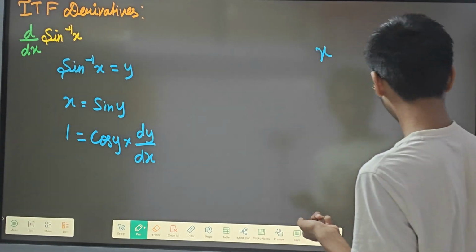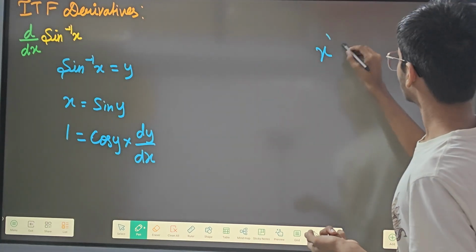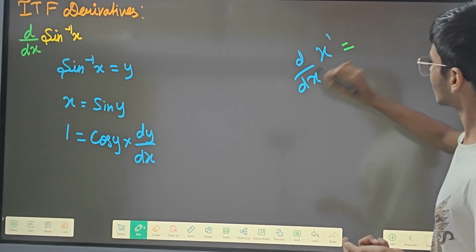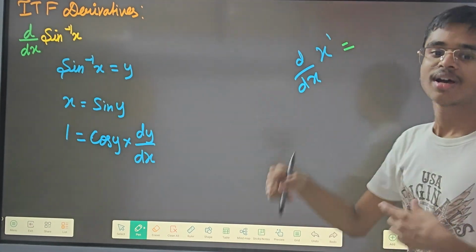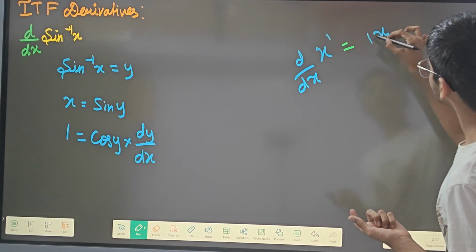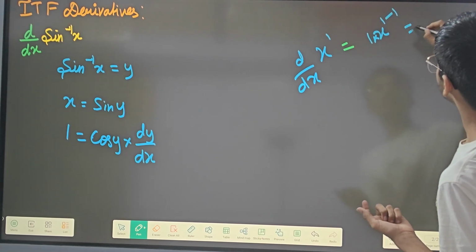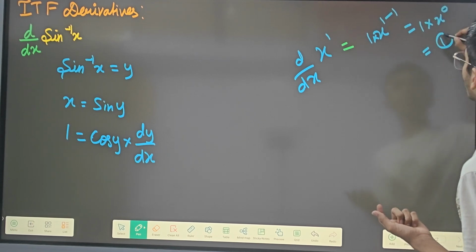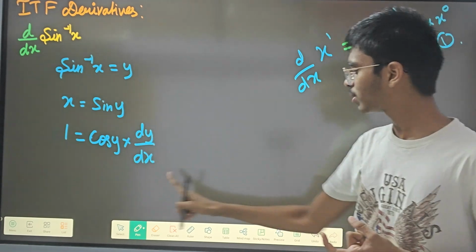So x to the power of 1. So then that means while you are differentiating it, dx, actually you can say like it has got cancelled, that also it's okay. But if you want another reason, then this one you bring it front. Okay, so 1 into x to the power of 1 minus 1, which is going to be 1 into x to the power of 0, which is equal to 1. Okay, so here you got 1 and cos y into dy by dx.